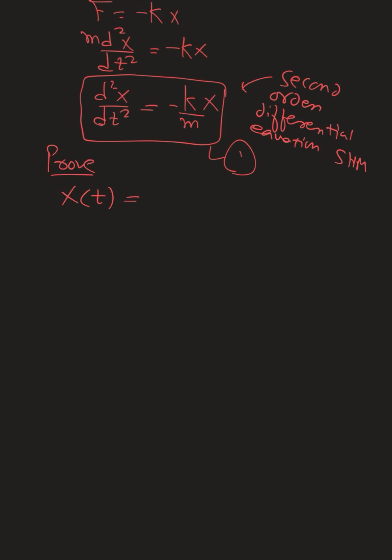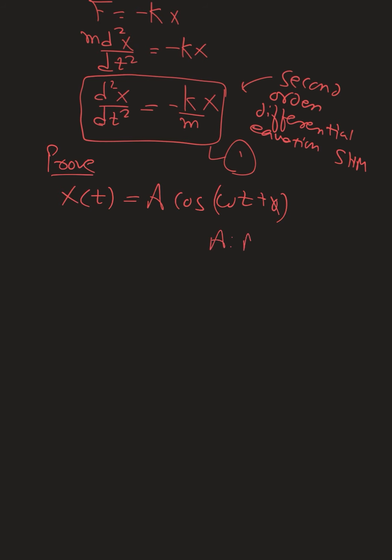for simple harmonic motion, the position at any given time x can be written as a cosine function: x equals A cos(omega t plus phi), where omega is the angular frequency and A is the amplitude.